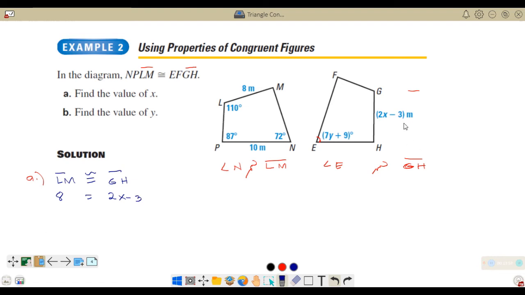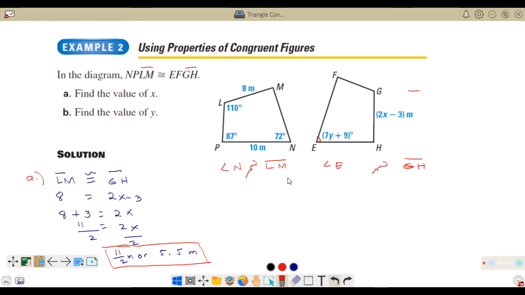Maya na natin isulat yung unit of measurement na meters. We have 8 plus 3, using addition property of equality, is equal to 2x. This is 11, which is equal to 2x. Divide both sides by 2. You will end up with 11 over 2 or 5.5 meters. Alin man dito yung maging sagot nyo, 11 over 2 or 5.5, parehas kung tatanggapin.